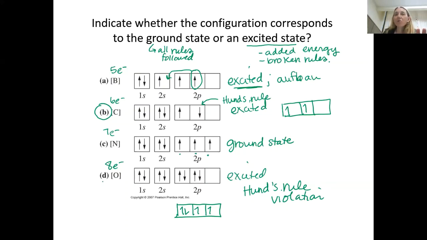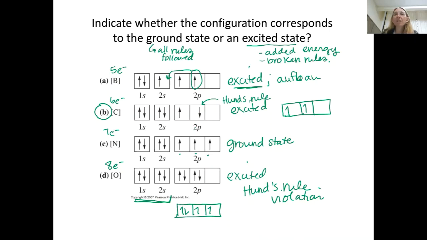Notice, as we're adding electrons, 5, 6, 7, 8, all of these stay the same. I go 1s, 2s, 2p, and so they fill in that same order. One of the questions was, do we have to put the spin up in the boxes with one arrow?